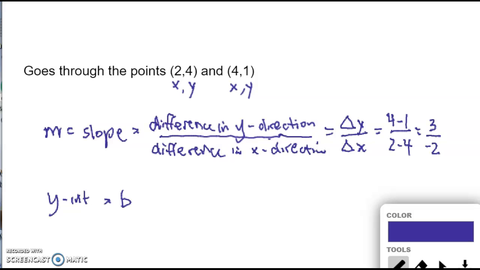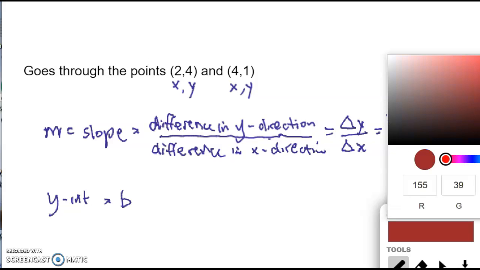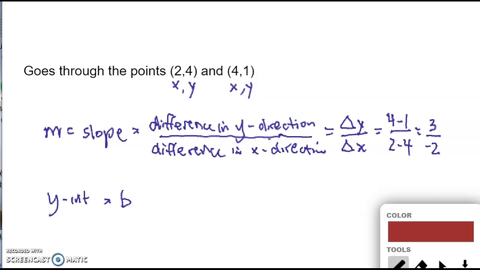So I figured out what my slope is. Now let's figure out what my y-intercept is. Okay, so the slope we figured out to be 3 over negative 2, which is the same as negative 3 over 2.